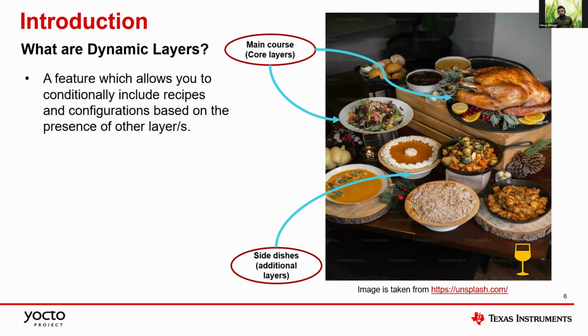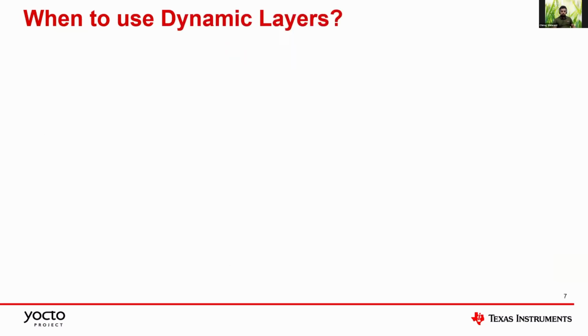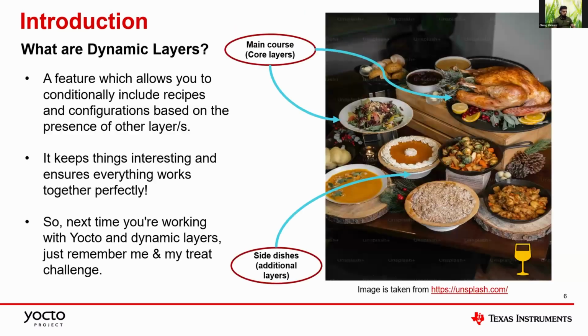Dynamic layers are basically features which allow you to conditionally include recipes or configurations based on the presence of other layers. So the next time you're working with Yocto and dynamic layers, just remember me and my treat challenge.